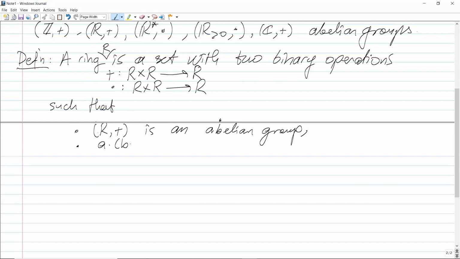So (a·b)·c should be equal to a·(b·c). So this is associativity. And this multiplication should distribute over addition. We call this addition, although it need not be the addition of real numbers or complex numbers. It's just the notation, this plus and multiplication.